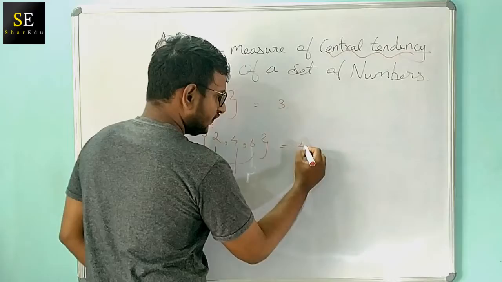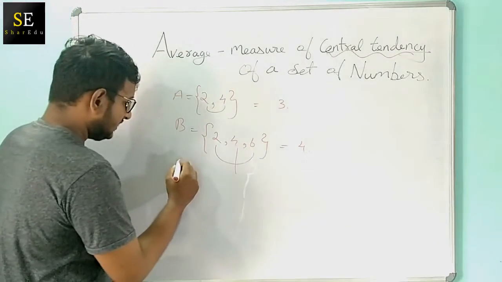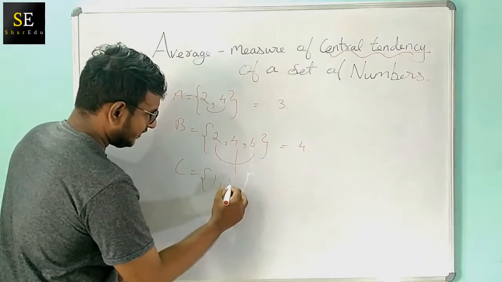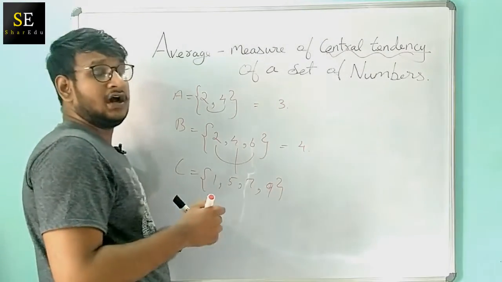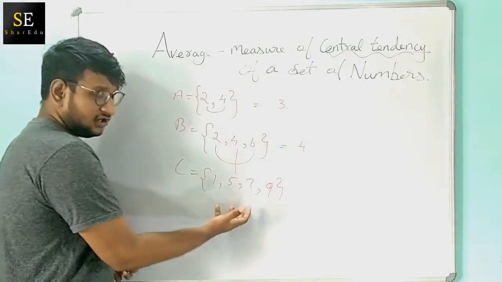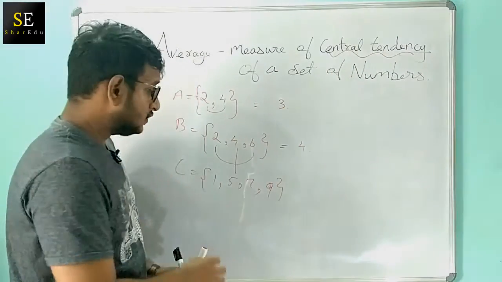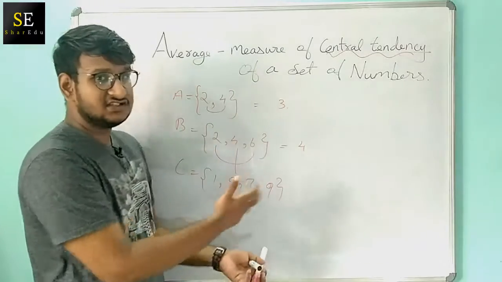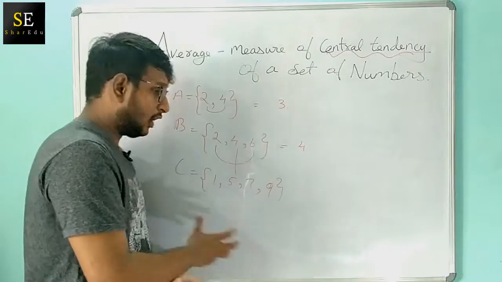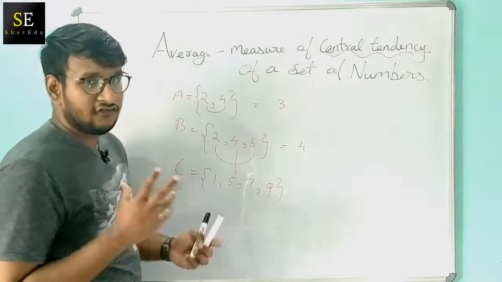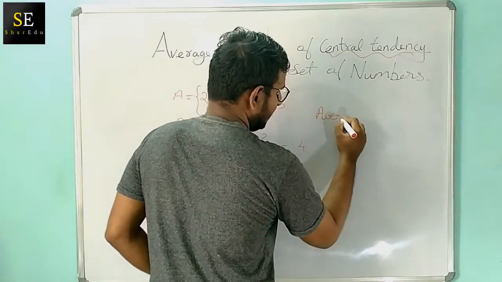But if it comes to a big set of numbers, like C is equal to 1, 5, 7, 9, and so on, then finding the central tendency will be very tough. So in order to simplify this process, there is a small formula.